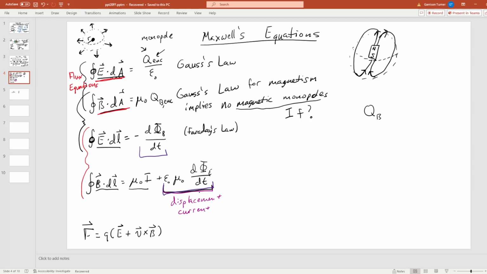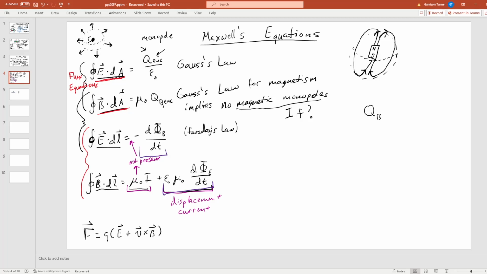But what they don't have in common, and this is the stark break in the symmetry between both equations, is that there is no analog for regular current in Faraday's law. Magnetic current is not in Faraday's law.